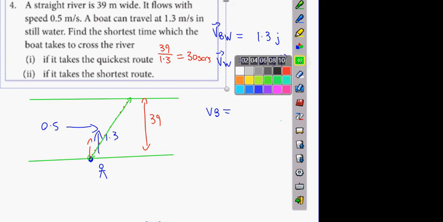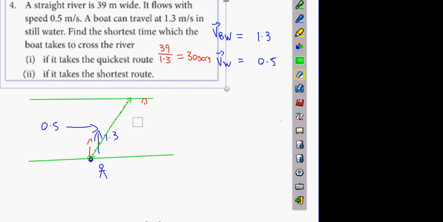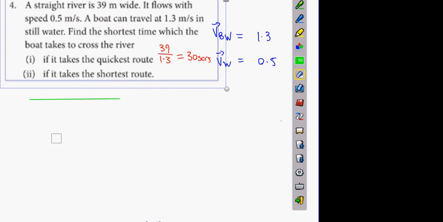Now, in the shortest distance possible, what happens is this. In order to go straight across, your velocity has to be faster than the current. Would everybody agree with that?